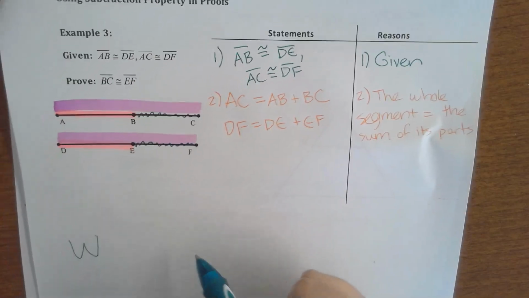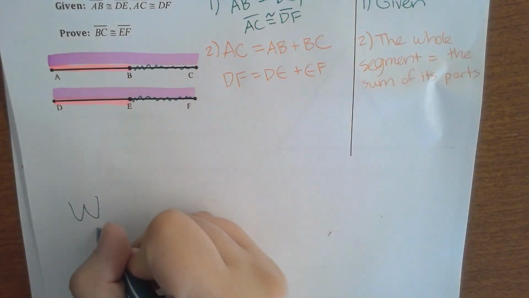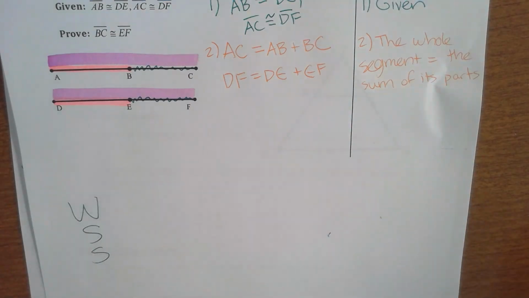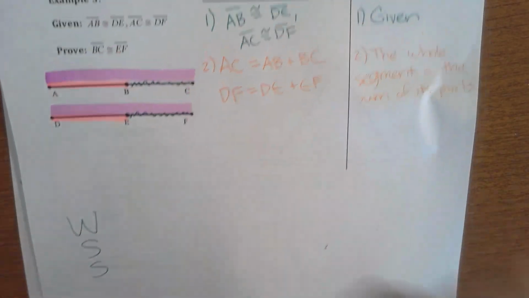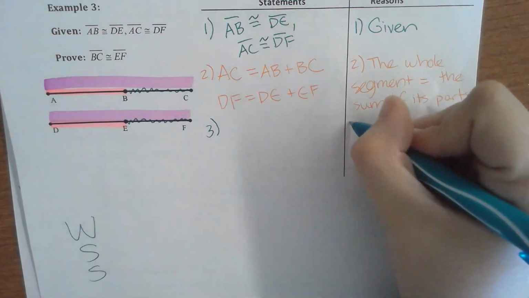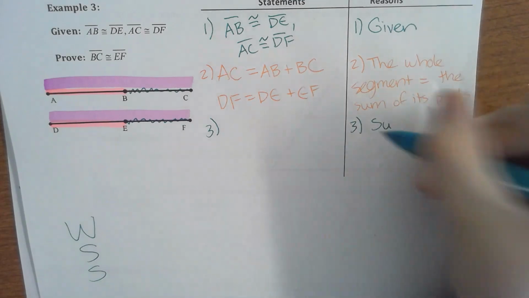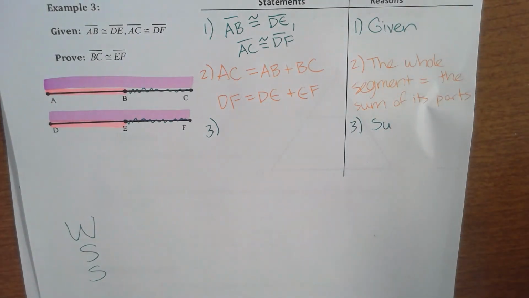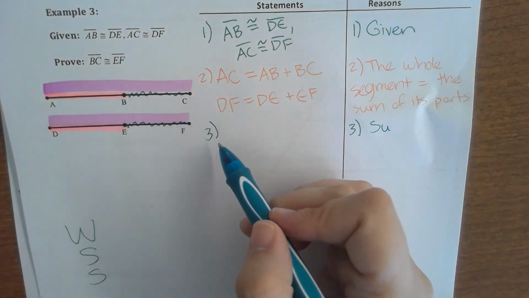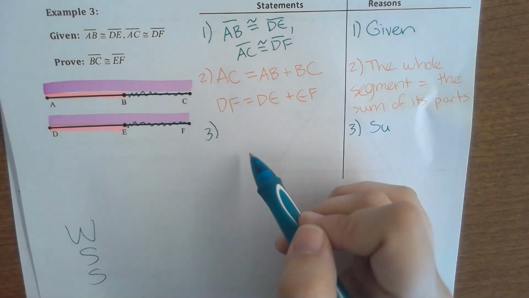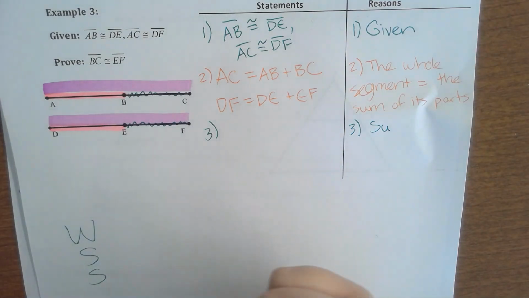So instead of WAS, subtracting proofs are WSS. Step 3 is going to be an S. And I gave away the next letter is going to be a U, but we need to be careful with it. In step 3, our statement is going to look a lot like it did on the other page.